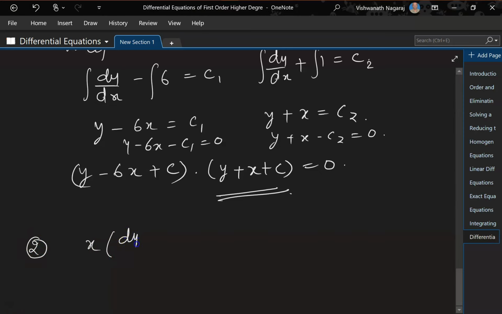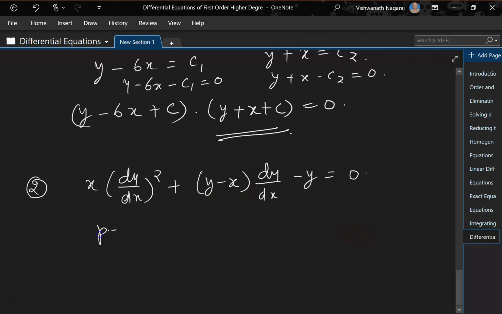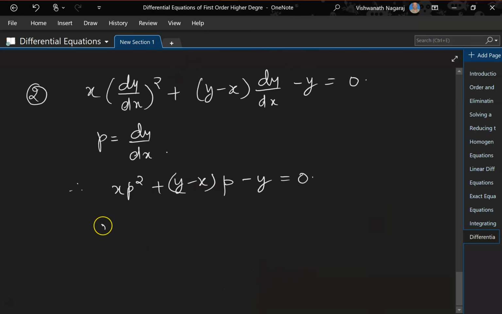x (dy by dx) square plus y minus x dy by dx minus y equal to 0. Okay, first thing we'll do is we'll say p is equal to dy by dx. So therefore xp square plus y minus xp minus y equal to 0. Okay, xp square plus yp minus xp minus y equal to 0.